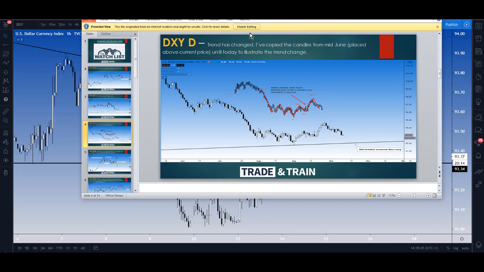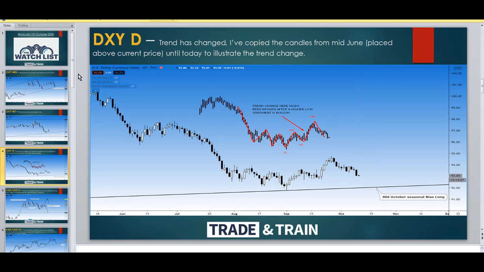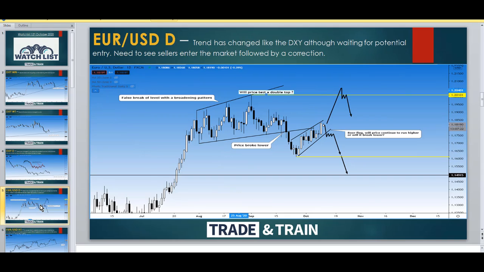Let's just go back to our watch list again. So we were also looking at Euro USD on the daily chart. We can see a couple of patterns there. We were looking for this pattern here for price to break out of it and potentially form a little correction and then look for further downside.